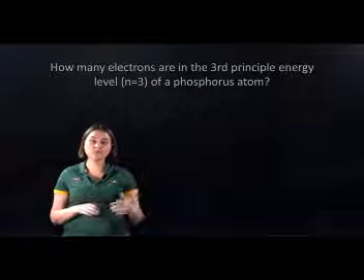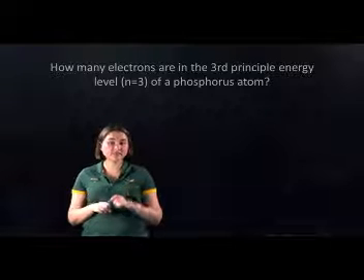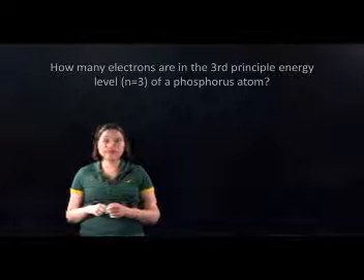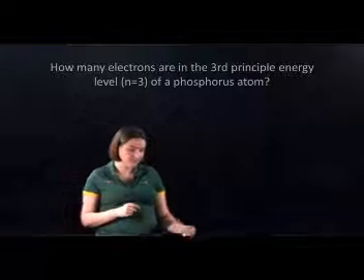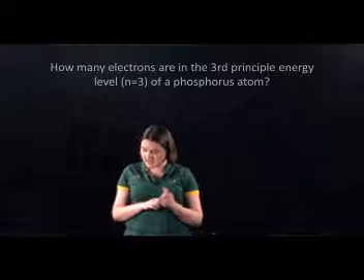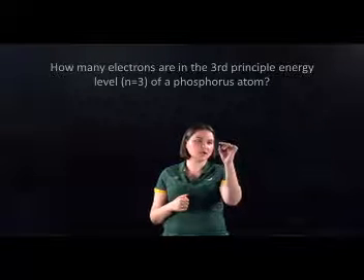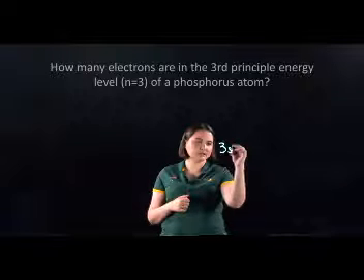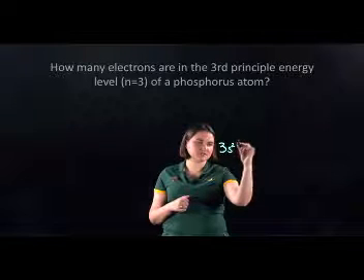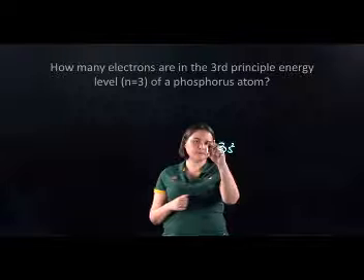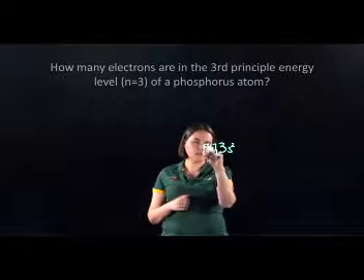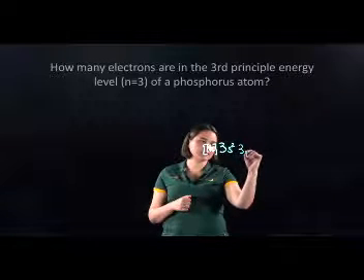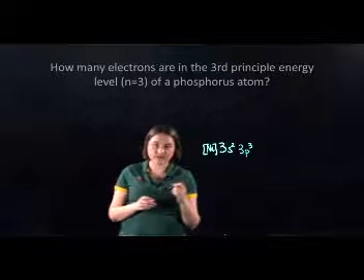All right, 10 wants to know how many electrons are on the third energy level of a phosphorus atom. So the easiest way to figure this out is to write a quick electron configuration for phosphorus, which would be neon 3s2 3p3.